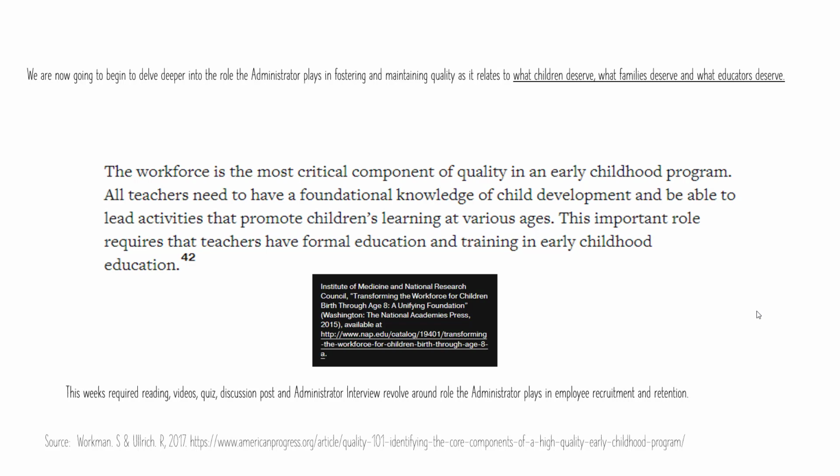So you're going to hear about recruitment of qualified educators and providing the opportunities for those educators to find and be ensured that they are aware of all of their roles and responsibilities.